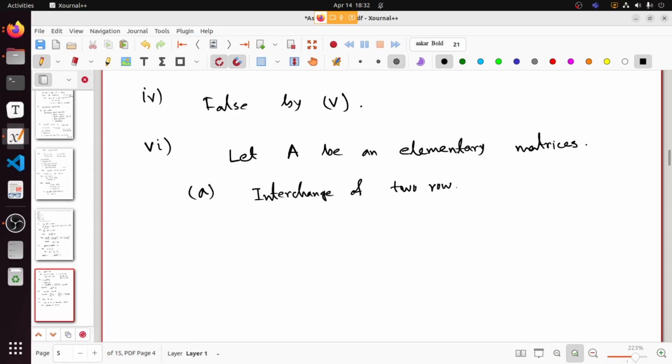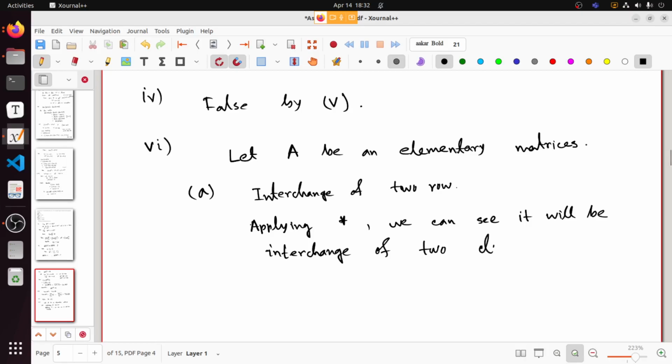Now because this is a conjugate transpose, you will get the transpose. So applying star, we can see that it will be interchange of two columns, right?